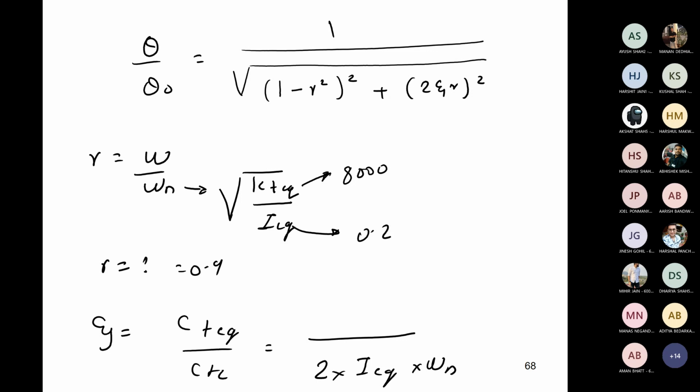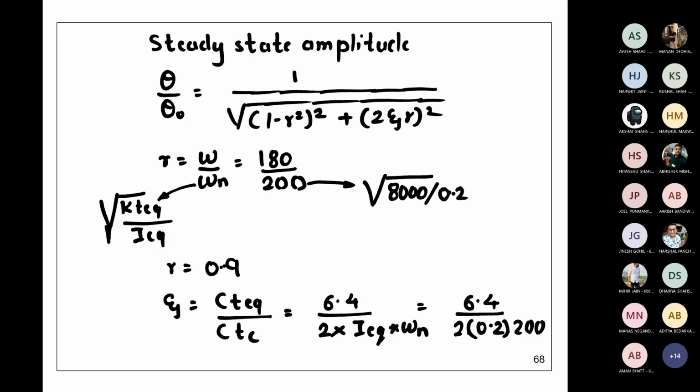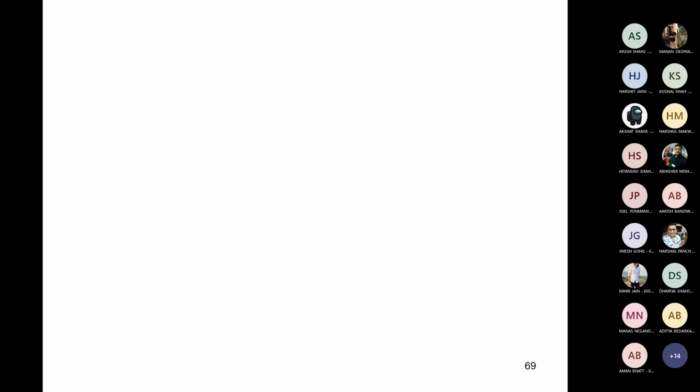How much is zeta? 0.08. All right. So we have got all the values now. So we have got zeta.